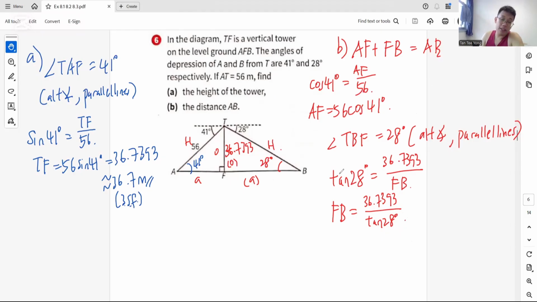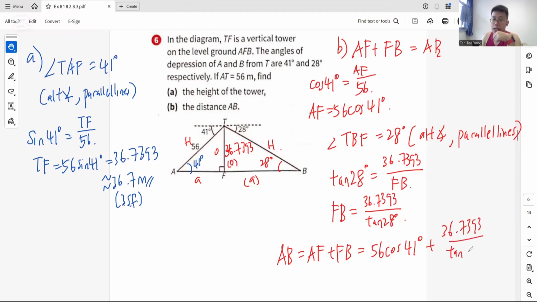Then last step, I want to find AB. AB equals AF plus FB. What was AF? 56 times cosine 41 degrees, plus FB, which is 36.7393 over tangent 28 degrees. Then we just calculate.